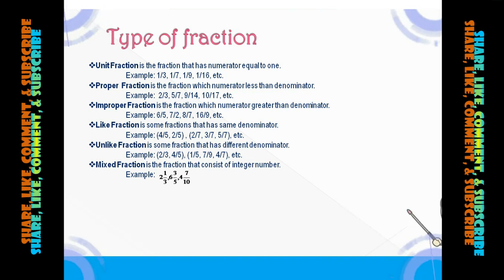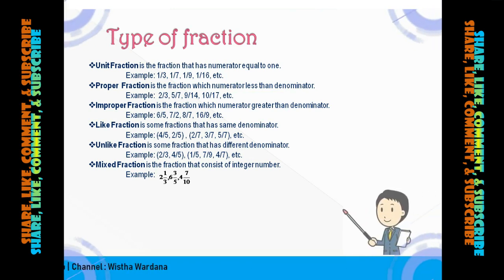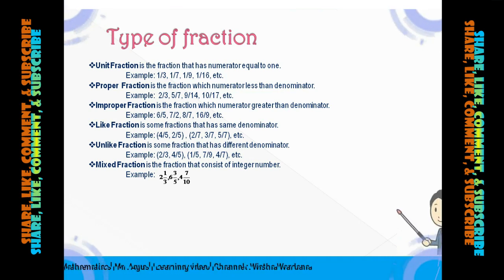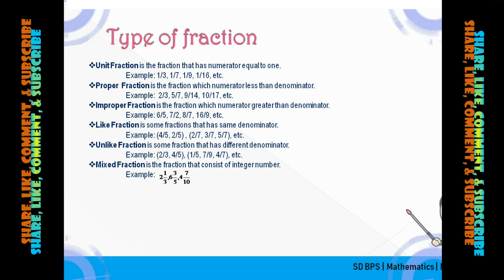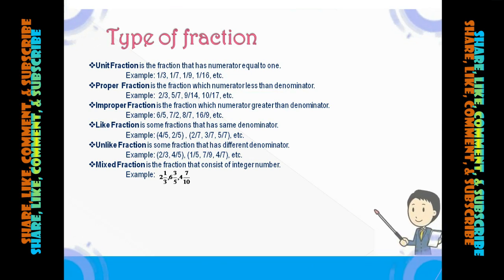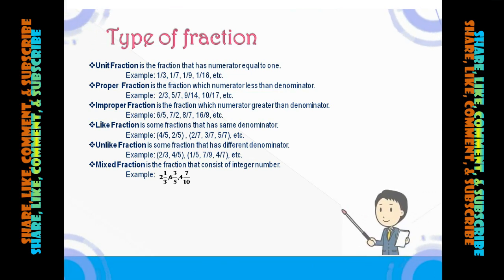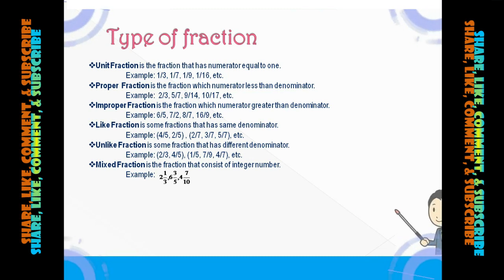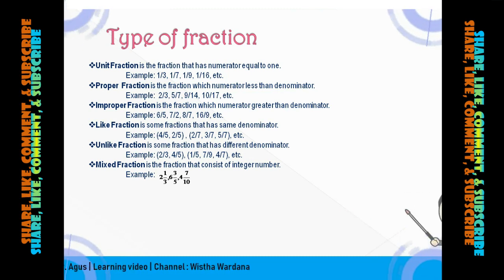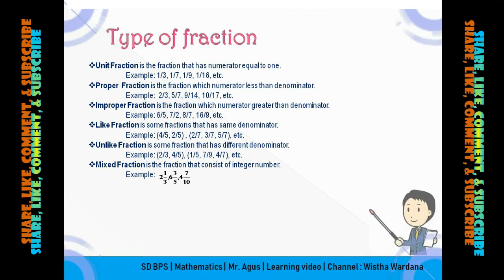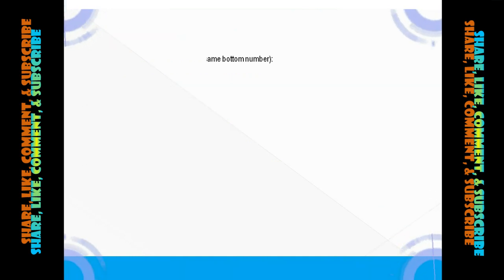So we have two parts in this fraction, the integer part and the fraction part. For example, 2 and 1 per 3, 6 and 3 per 5, 4 and 7 per 10, and so on. Let's continue.